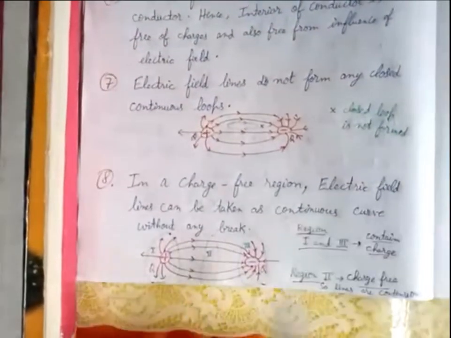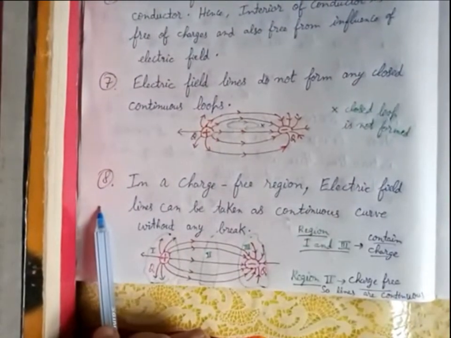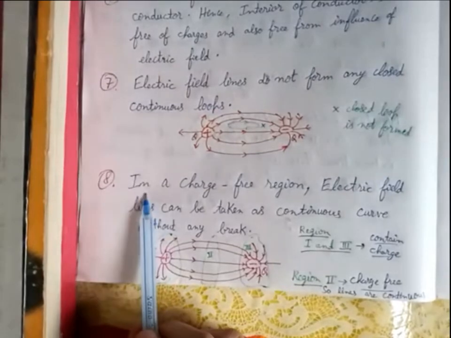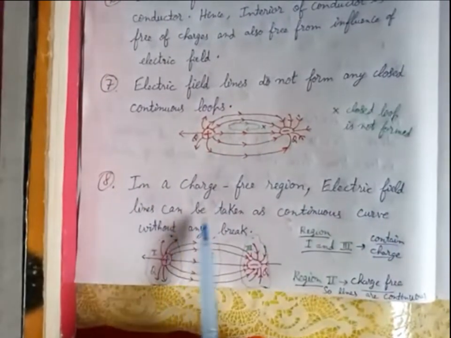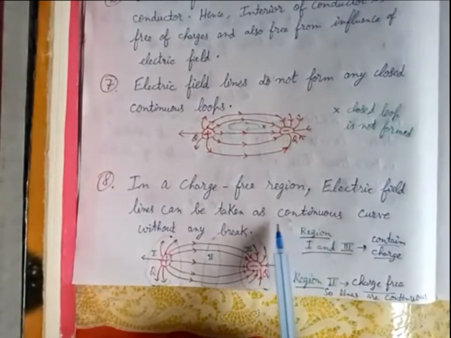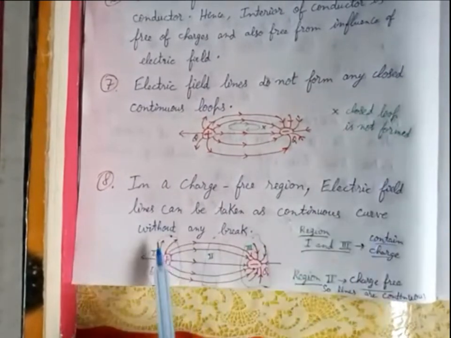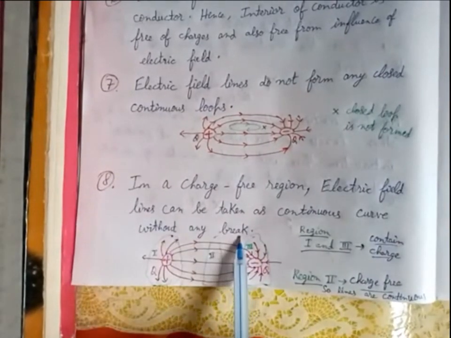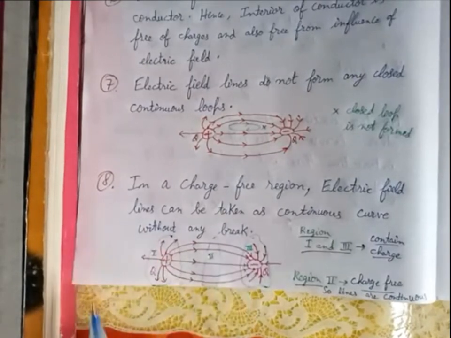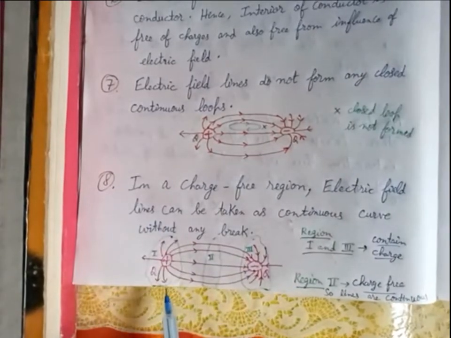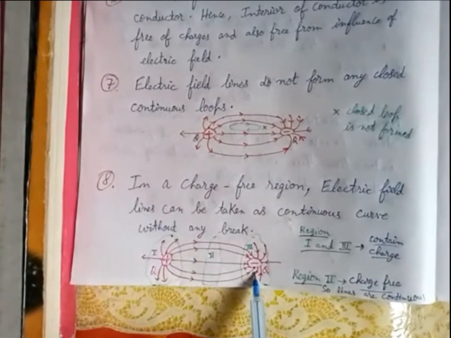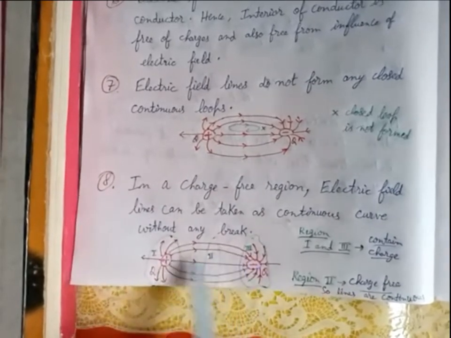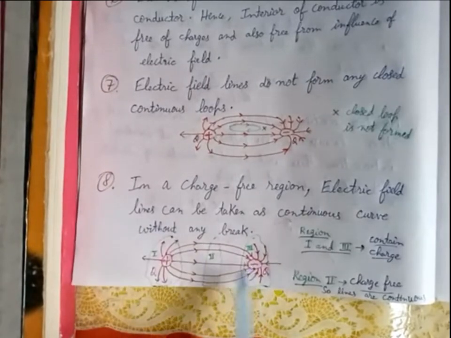Then the next, eighth point, is that in a charge free region, electric field lines take a continuous curve without any break. Understand this point by this diagram. This is a positive charge, this is a negative charge. These are the electric field lines, going from positive to negative charge.